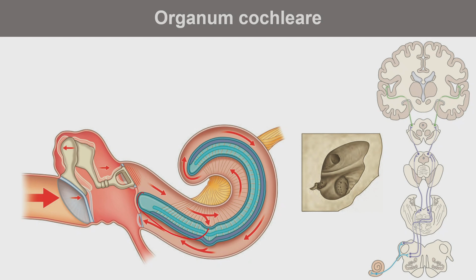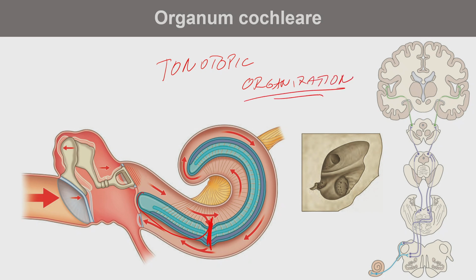The proper frequency resonates in some part of the helix, and then we have tonotopic organization. So then we are also able to discriminate tones.